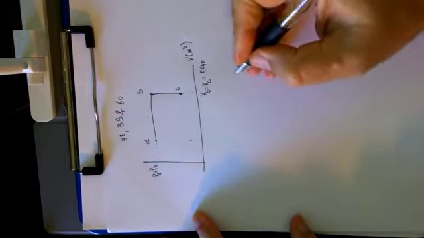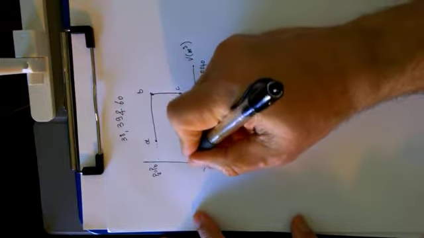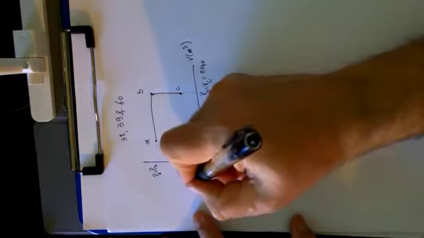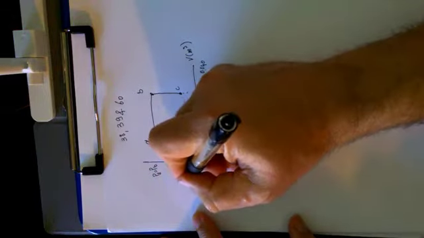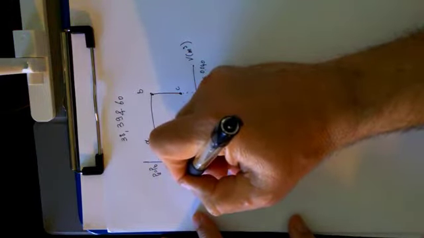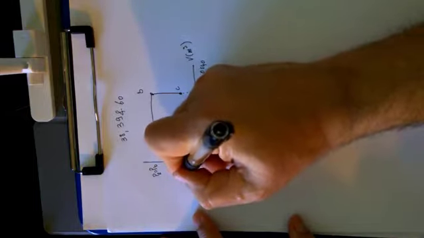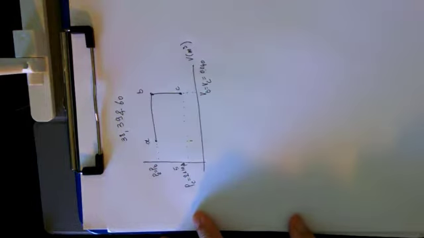The pressure at point C, PC, is equal to 2 times 10 to the power 5, and the units are in Pascal. So everything is given in SI.